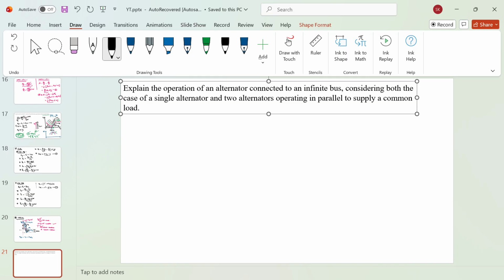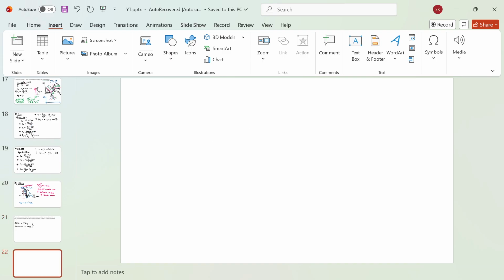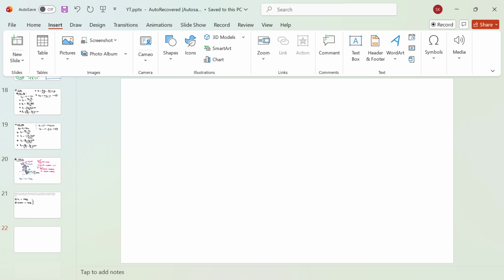First of all, I'll vary the input power, P input is varying, and excitation is varying. So mainly these two scenarios I will consider when I analyze the operating principles of the alternator when it is connected to an infinite bus, when it is operating isolated, and when two alternators are operating in parallel.